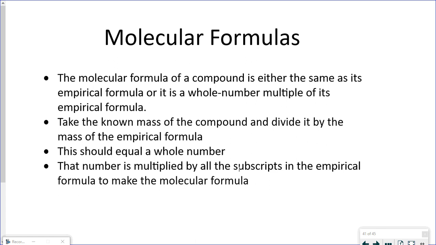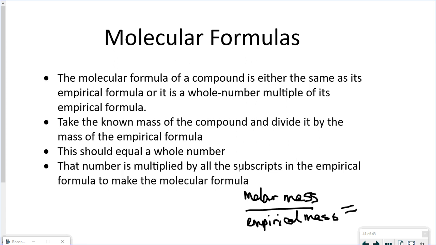So to find molecular formulas, you're going to take the known mass of the compound, so the molar mass, divide it by the mass of the empirical formula, so by the empirical mass, and that is going to give you a whole number, which is the ratio of the molecular formula to the empirical formula. So if you're given a whole number that is not 1, that whole number will multiply by all of the subscripts in the empirical formula to give you your molecular formula.